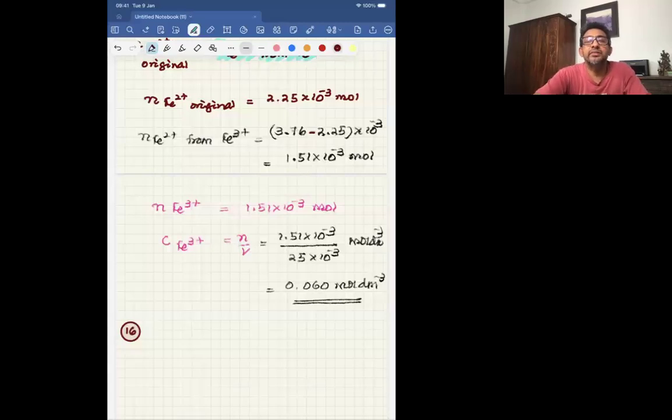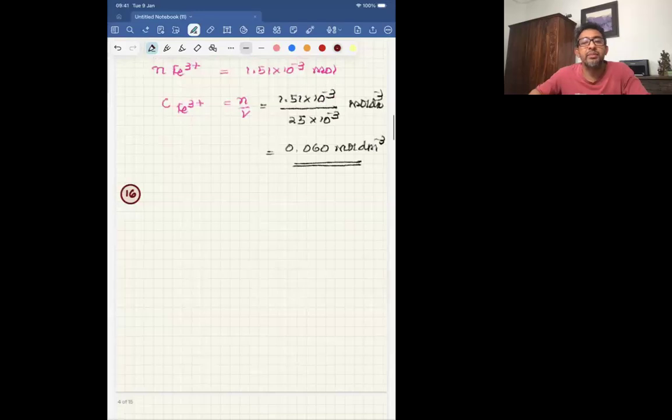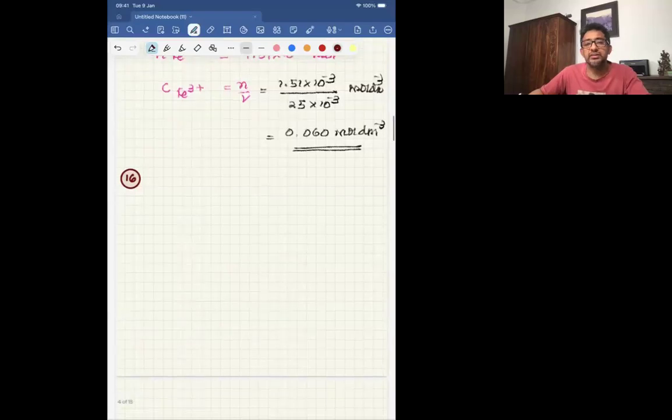Yeah, clear? Right. I got 0.0568, but there might be something wrong. That's quite a deviation. 0.0568, some kind of deviation is there.